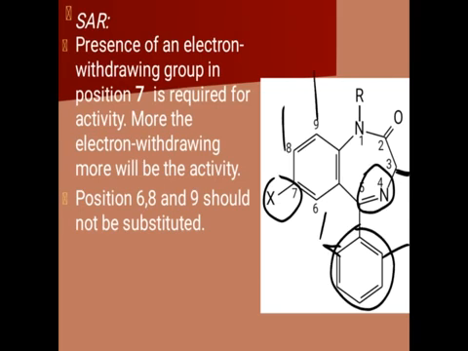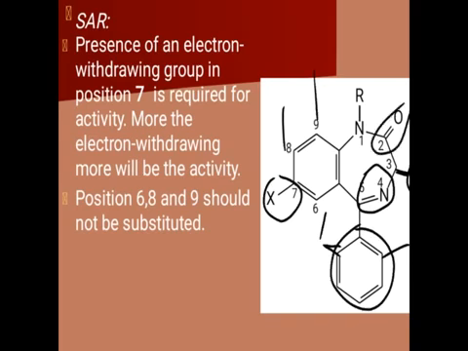Then at the third position, if an alkyl group is attached, the activity will decrease. If a hydroxy group is attached, its duration of activity will decrease. The duration of activity decreases due to increased metabolism, as it consists of a polar group. Polar groups are readily available, so they can undergo the conjugation reaction fast, so the duration of activity decreases.